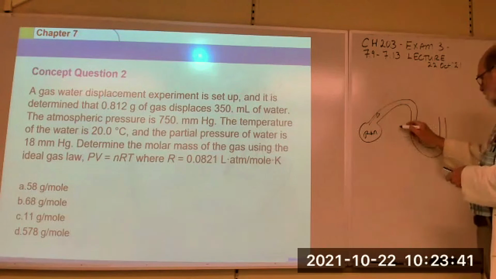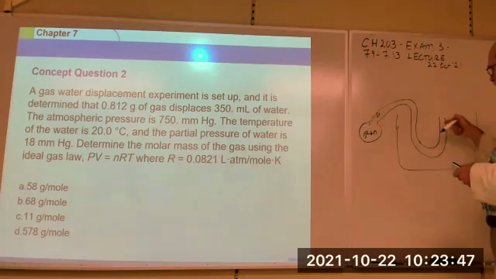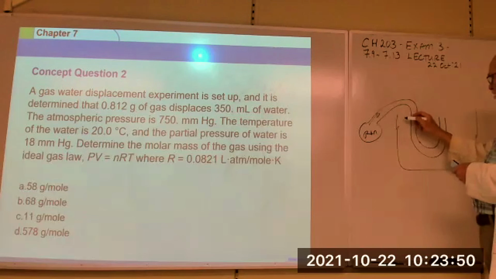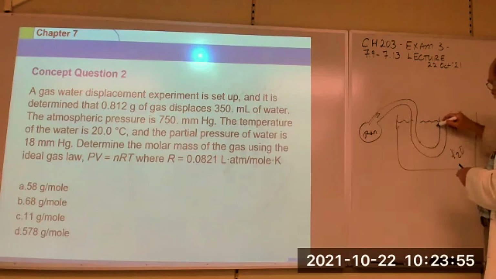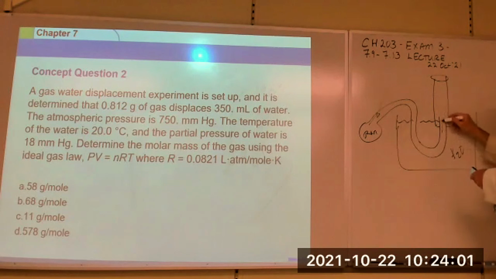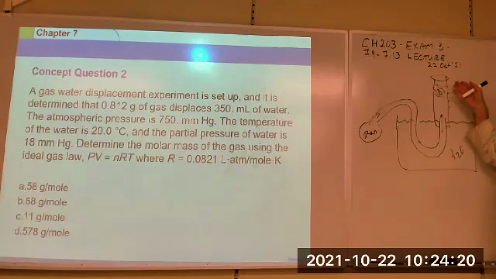We put the exit end of that pipe in water, and we have a vessel here, maybe a graduated cylinder. The gas goes up here, and this is filled with water at the beginning. It has markings on it, so you can tell what the volume of the gas is. As the gas collects up here, it makes more space. So now we've got water there, and our gas up here. So we can measure the volume of that gas.